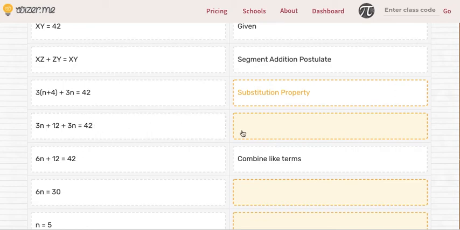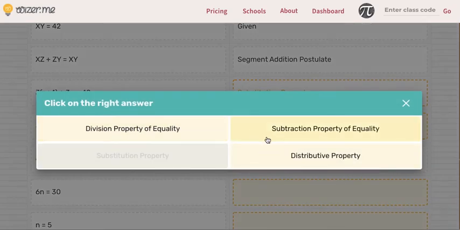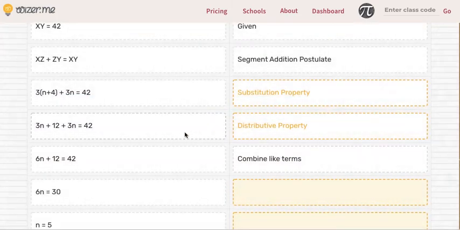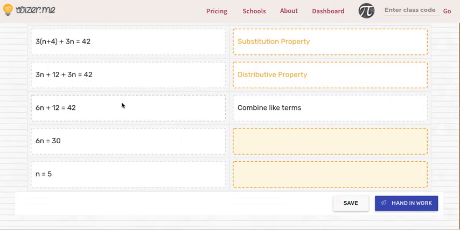So that's basically the distributive property. Finally, we combine some like terms. So 3n plus 3n equals 6n. We can't add the 12 to it because it doesn't have a variable attached, right? There's no n. And we can't do anything with the 42 because there's also no variable attached. So we get 6n plus 12 equals 42 because we combined like terms.